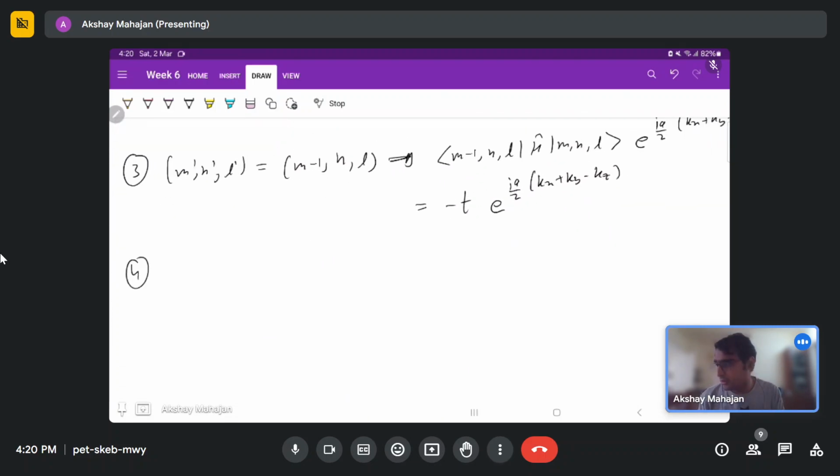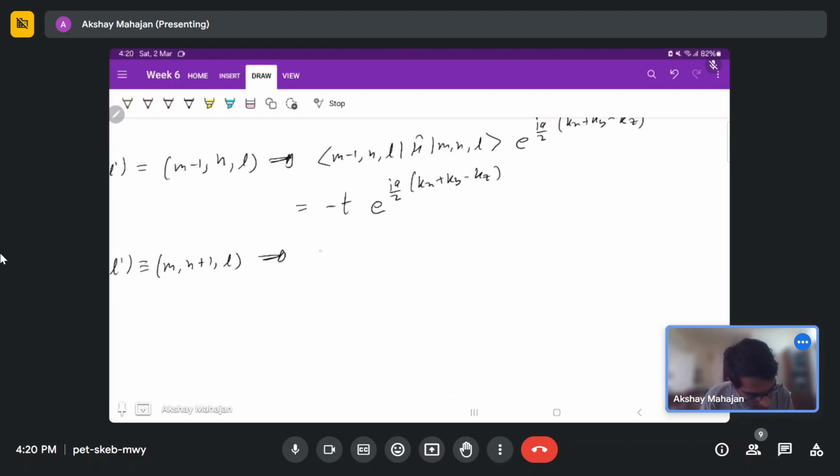Then the fourth one, they are going to be in terms of m comma n prime comma l prime. So now the next neighbor will be m comma n plus 1 comma l.